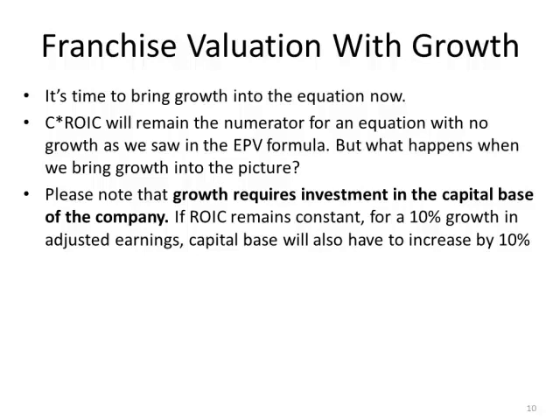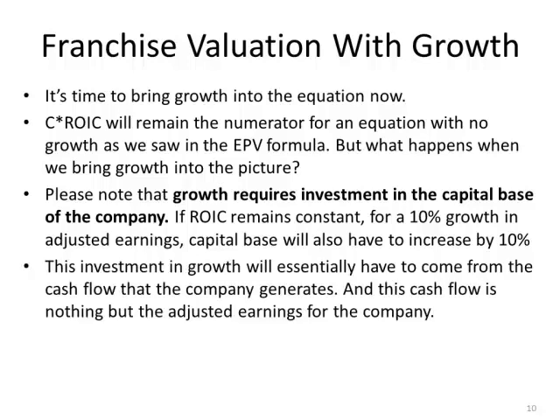If, for example, we have return on invested capital that remains constant, for a 10% growth in adjusted earnings, the capital base also has to increase by 10%, right? Assuming that ROIC stays the same, in order for us to see growth in earnings, we need to see the same growth in the capital base. This investment in growth will essentially have to come from the cash flow that the company generates.